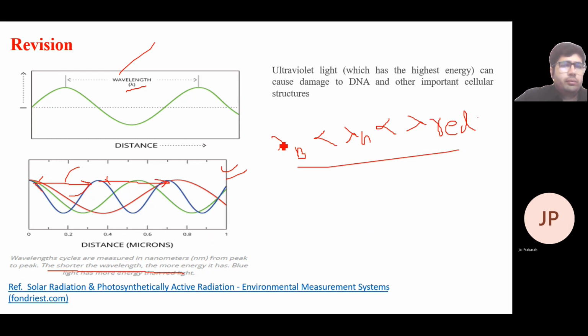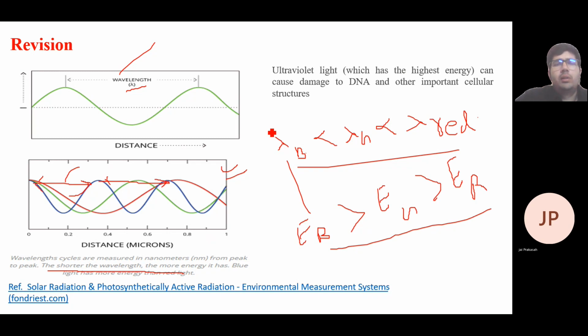The lower the wavelength means the more the energy, so blue will have more energy. E_B is greater than E_G is greater than E_R. Red has more wavelength, so less energy.